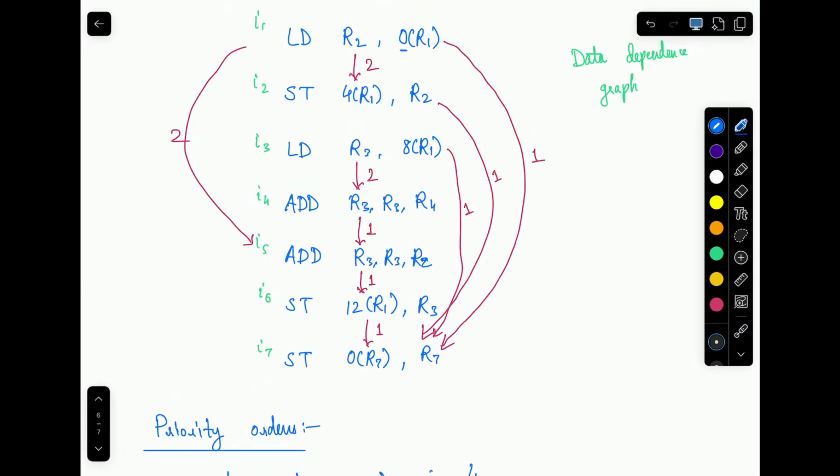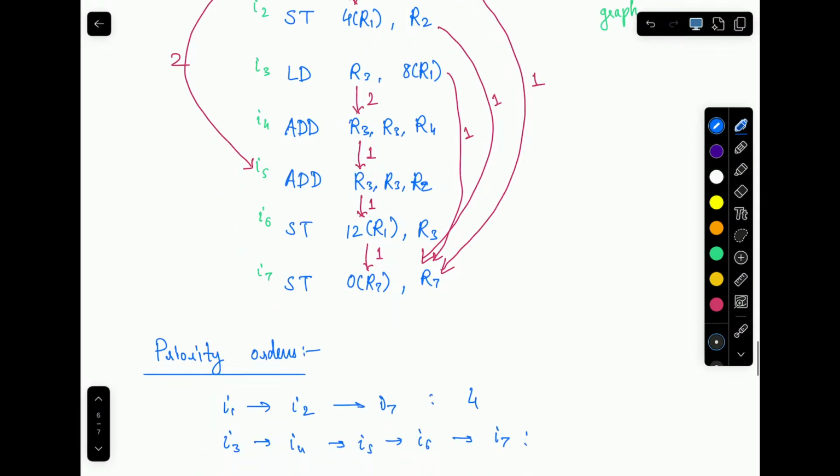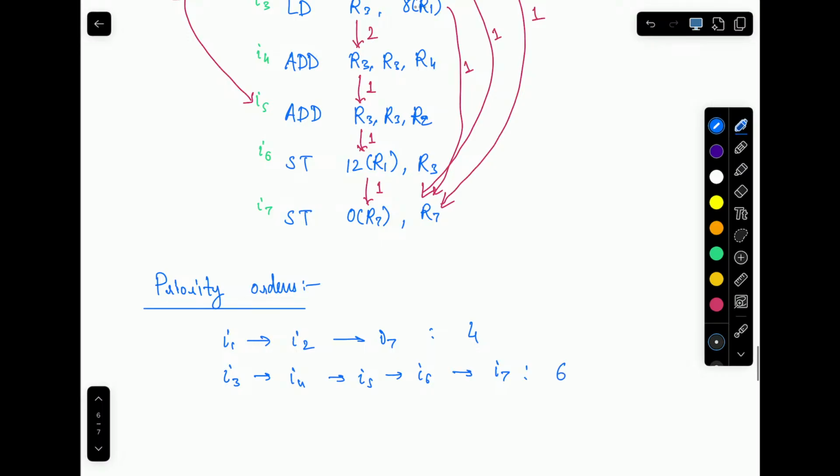I cannot execute I7 before I5. Because of these data dependence edges, this path needs to be executed in order. What would be the number of cycles needed to execute this path now? 2 plus 3, 5, and 1 for the last one. So 6 cycles, let's say.